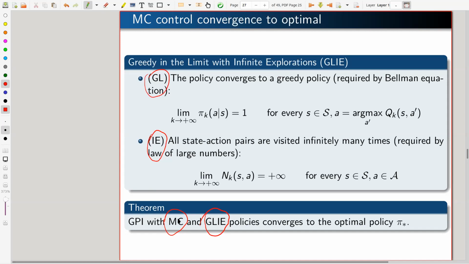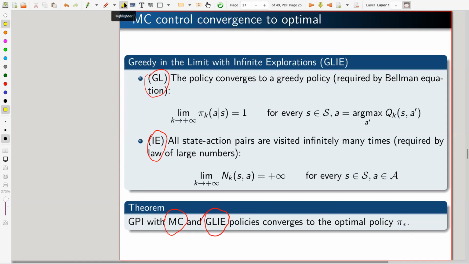If the method is in the Monte Carlo family, and the policies that make part of the improvement step satisfy these two hypotheses, then the method converges to the optimal policy. And these two hypotheses are very, very natural.